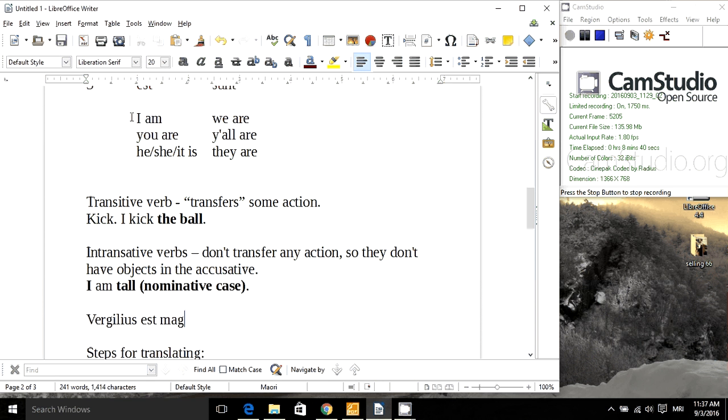Virgilius est magnus. So on both sides of the verb to be, you end up with nominatives. Virgilius est magnus. Okay? And so down on the bottom, he's got dona sunt magna. The gifts are great. So again, these are neuter nominative plurals on either side of the verb to be. The gifts are great. Okay.